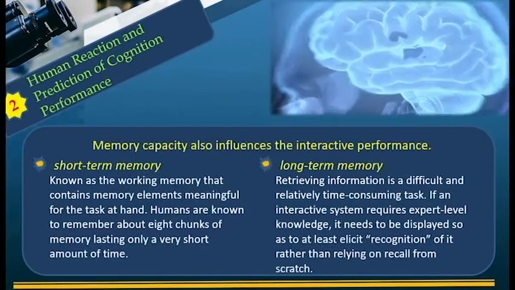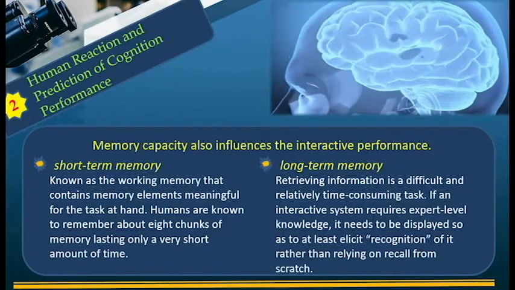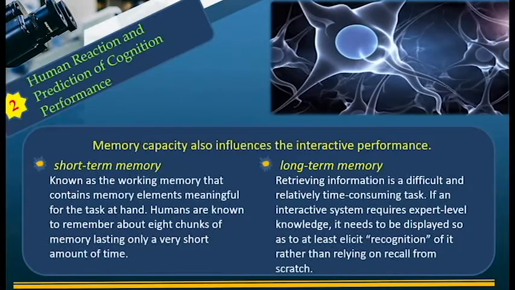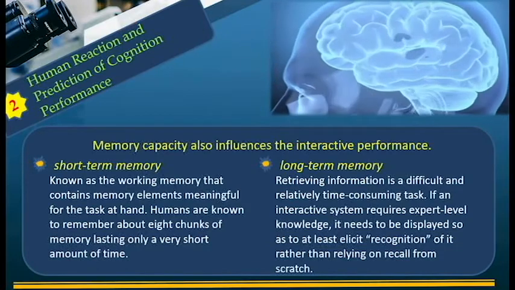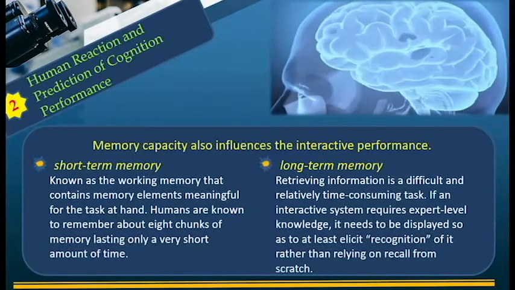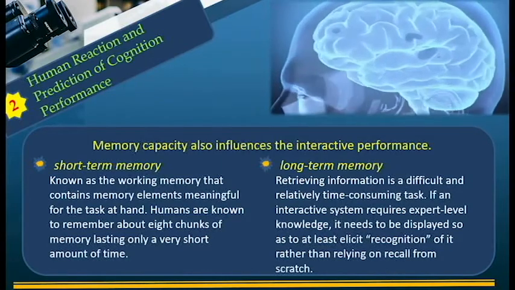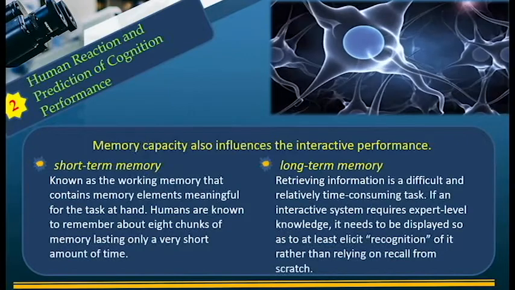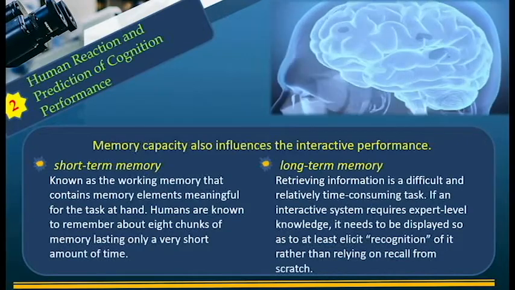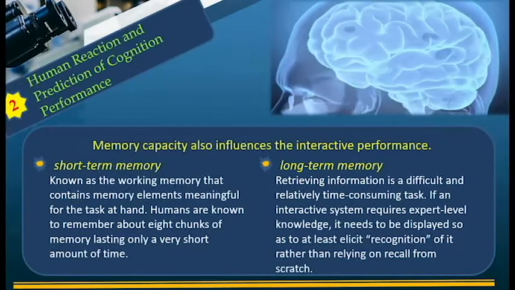So basically, when you say short-term memory, it has limited capacity and can hold items for only short periods of time. While long-term memory can store unlimited amounts of information indefinitely. That's why it is very difficult in retrieving information.